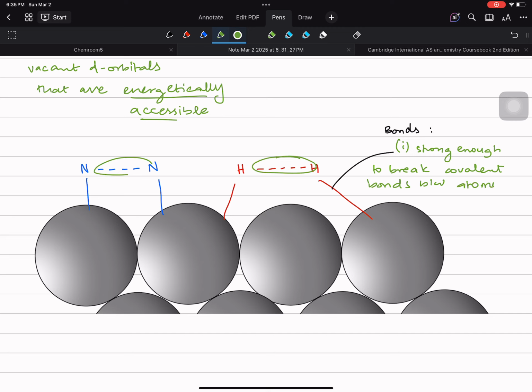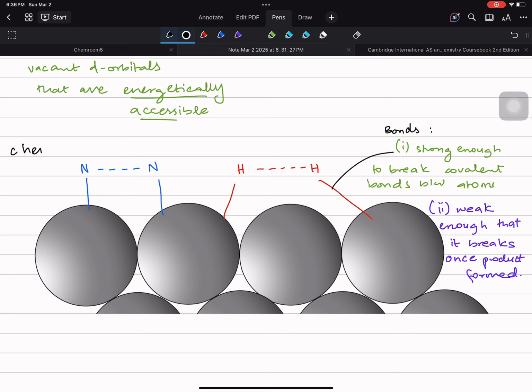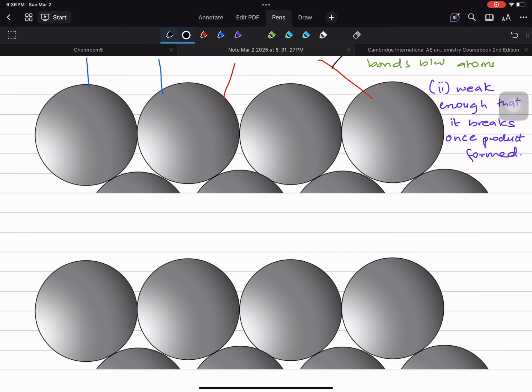So hydrogen breaks its bonds, and the nitrogen molecule breaks its own bonds. Another important thing about these bonds made with the surface particles is that they are weak enough that they break down once the product is formed. So these are not permanent bonds. These bonds with the surface particles will break down once the product itself is made. And that phenomenon is called chemisorption. Moving on.